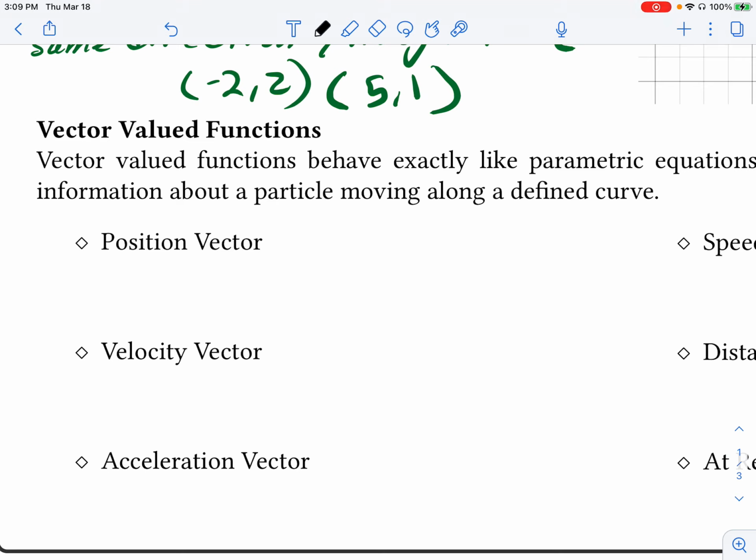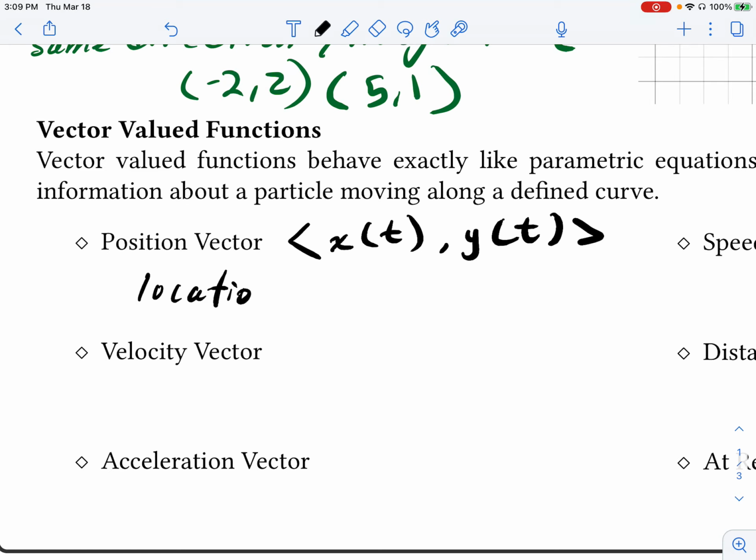Well, the position vector we know is just going to be a vector defined by our parametric equations, x of t being our horizontal component and y of t describing our vertical component. And again, this is going to give us the location of a particle as it moves around the curve, right? So the position vector gives us the location.